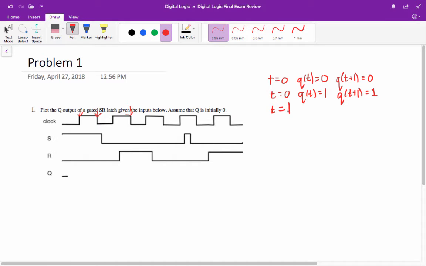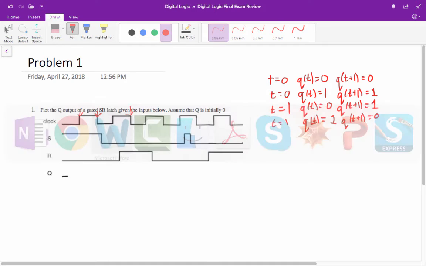When T is 1, we'll have a toggle. So when T is 1 and Q(t), the previous value, is 0, then the next value, Q(t+1), will be 1. It'll be the complement of the previous value. And if T is 1 and Q(t) is 1, then the next value of Q will be 0. So hope that makes it a little more clear.